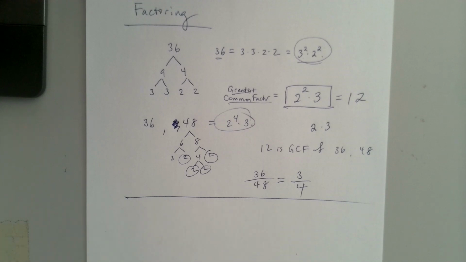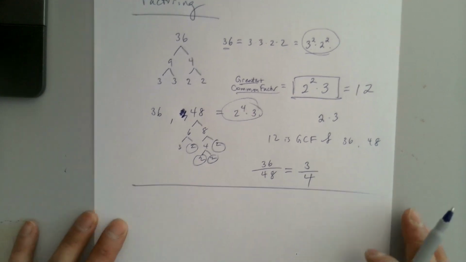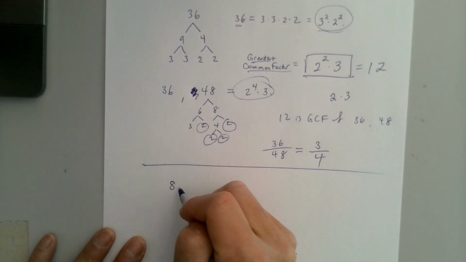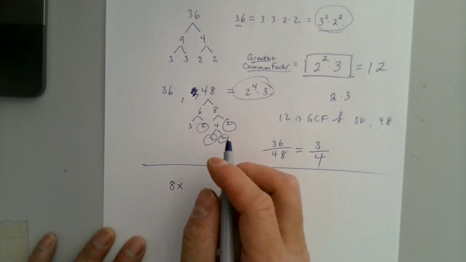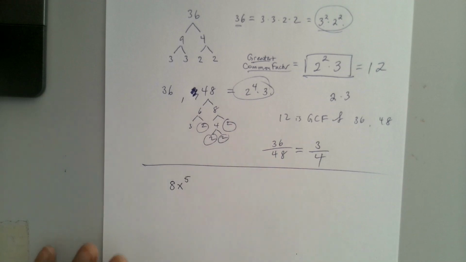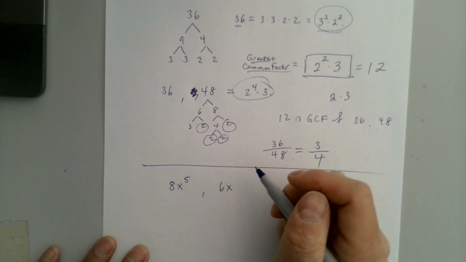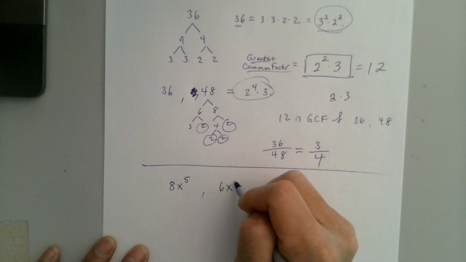Now we're going to apply the same thing, the same discovery of greatest common factor, to monomials. So let's say I have the monomial 8x to the 5th and the monomial 6x to the 7th.